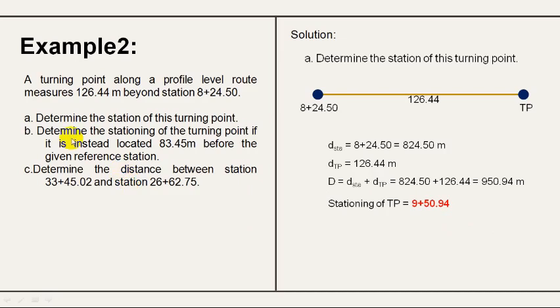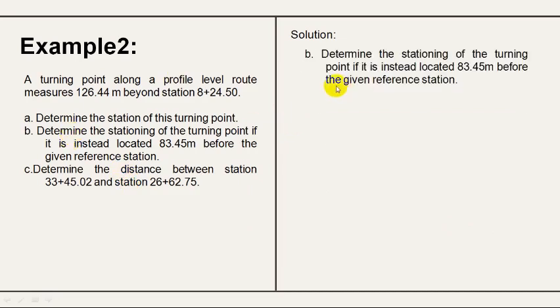Next is B. Again, the problem for example 2B: determine the station of the turning point if it is instead located 83.45 meters before the given reference point. So it is before, whereas earlier it was after the station.